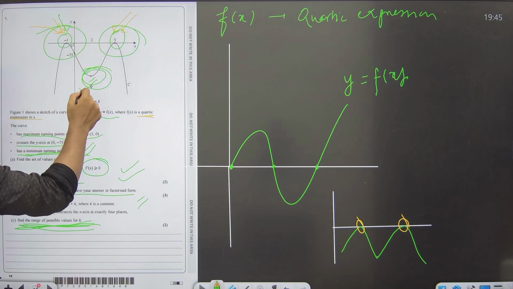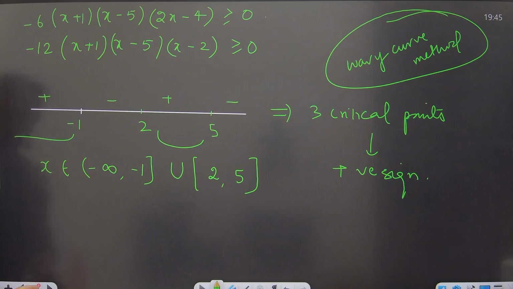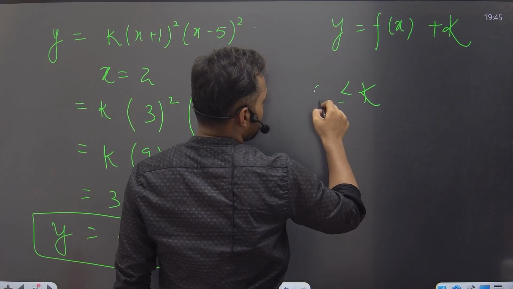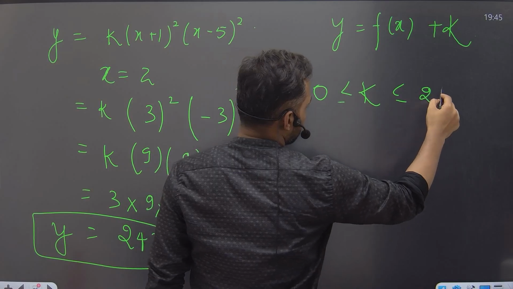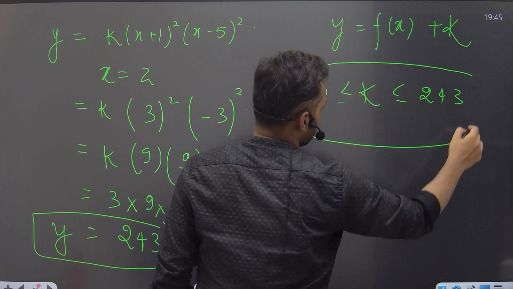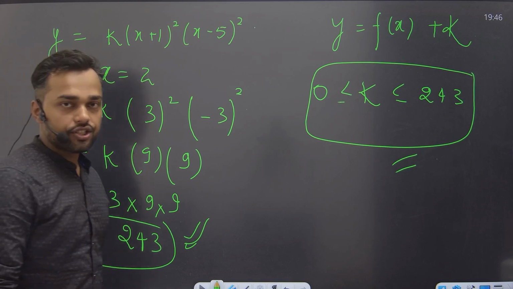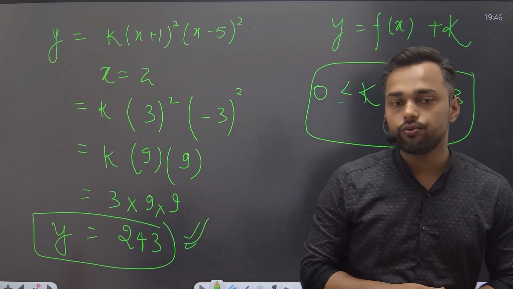This part we required, so we have calculated. So k will lie between 0 and 243. This is the possible range of values of k. Okay, student, this is how we need to solve this question.